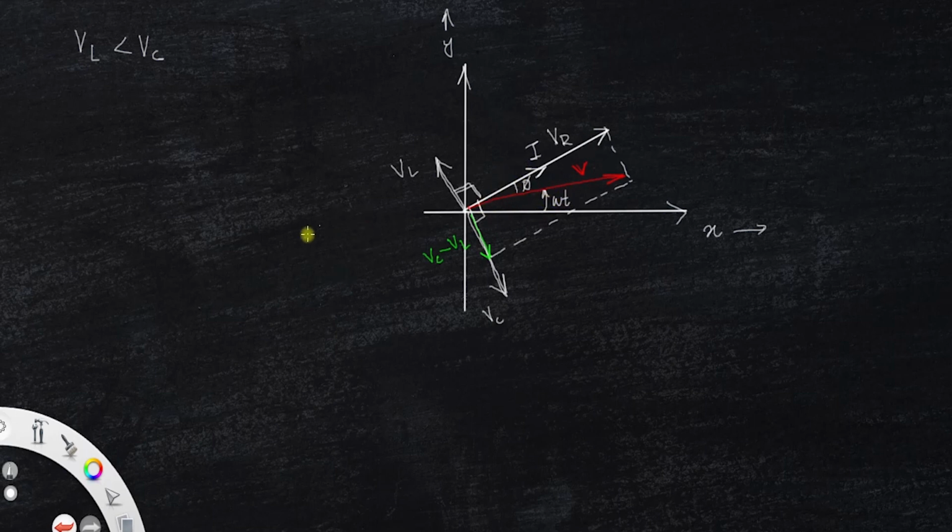So the value of current can be written as I equal to I0 sine of the angle made by I with the x-axis, which will be omega t plus phi. Here you can clearly see current is ahead of the voltage. So we can say that the circuit is capacitive.